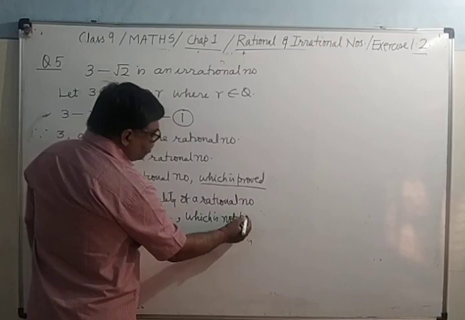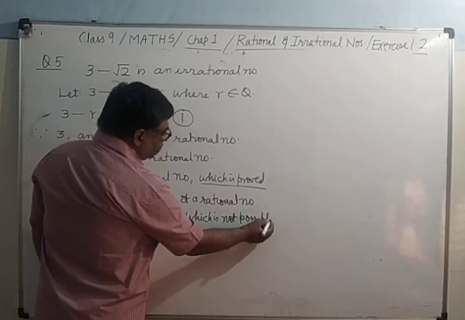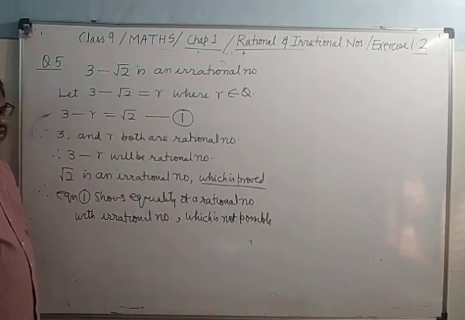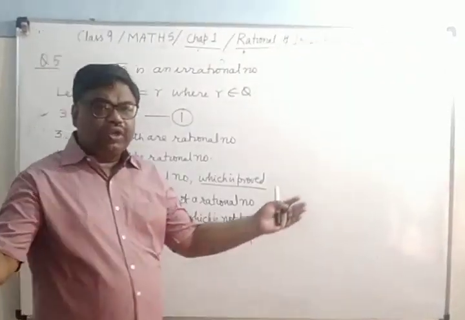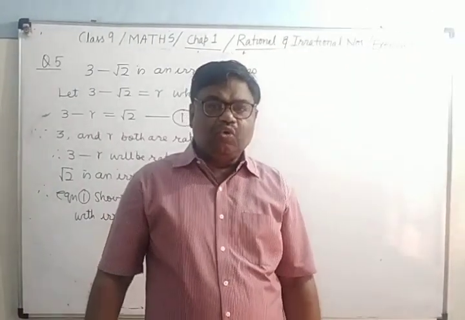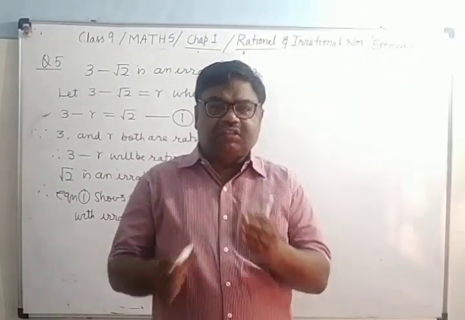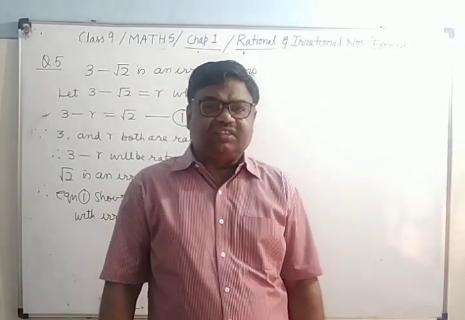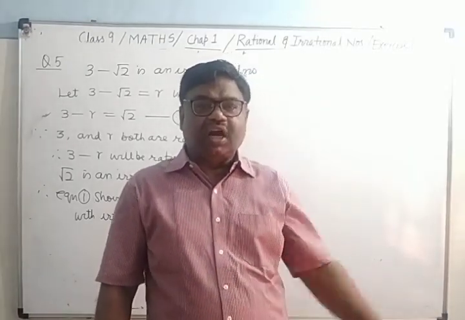This thing is not possible, that a rational number is equal to an irrational number, because they don't have any common number. Nothing is common between rational and irrational. Therefore, equality is not possible.